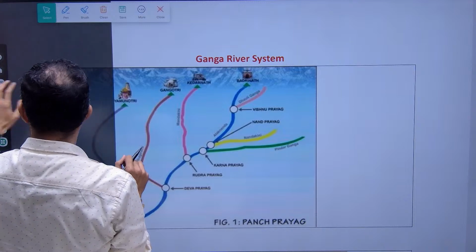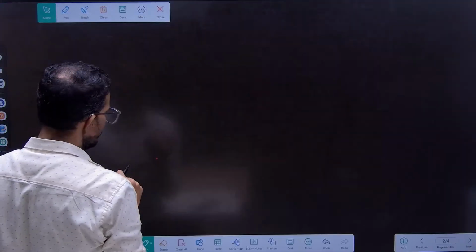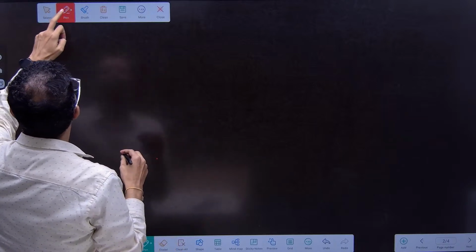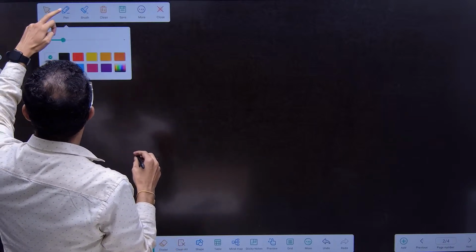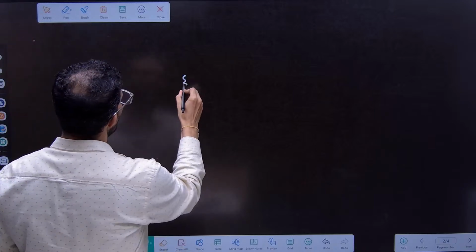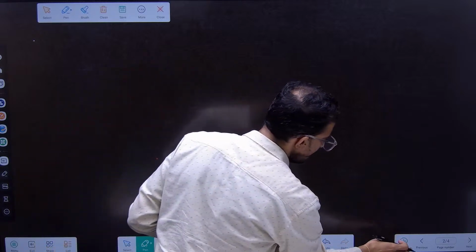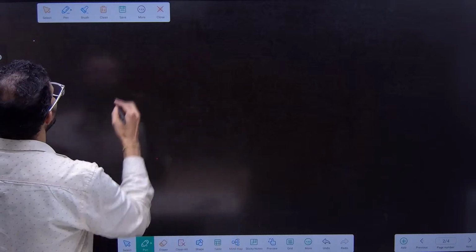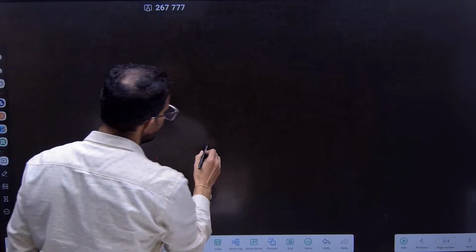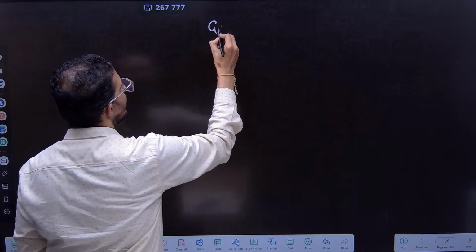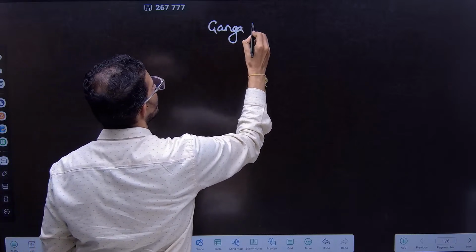See, now we are seeing the Ganga river system.